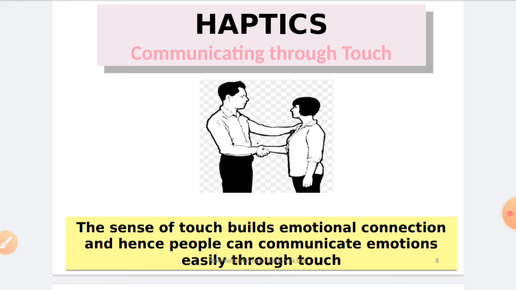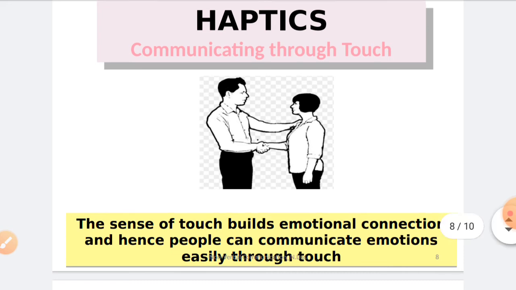The sense of touch builds emotional connection, and hence people can communicate emotions and feelings very easily through the sense of touch. So haptics is another very important dimension of non-verbal communication, where we communicate without using any words, but only through touching we communicate a lot.